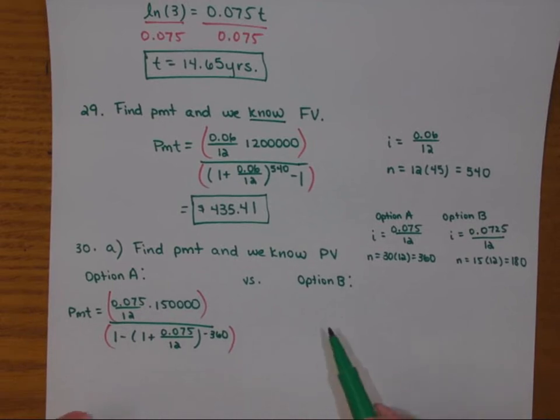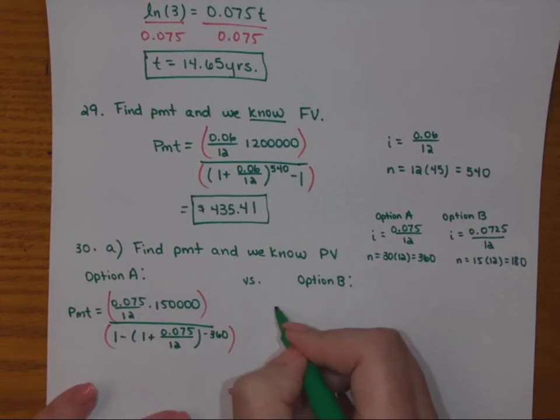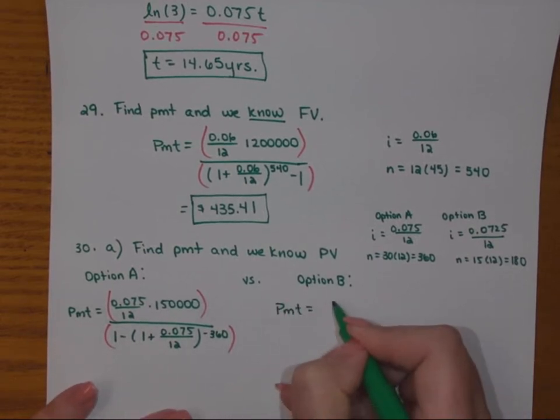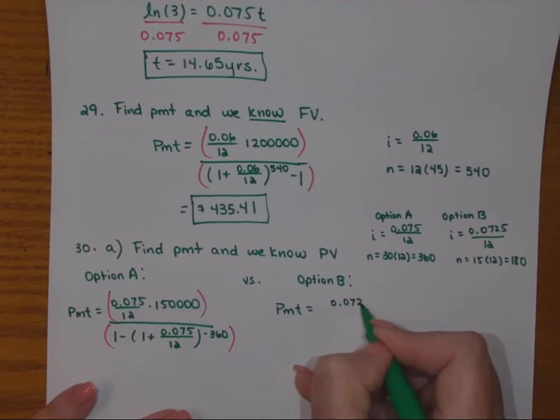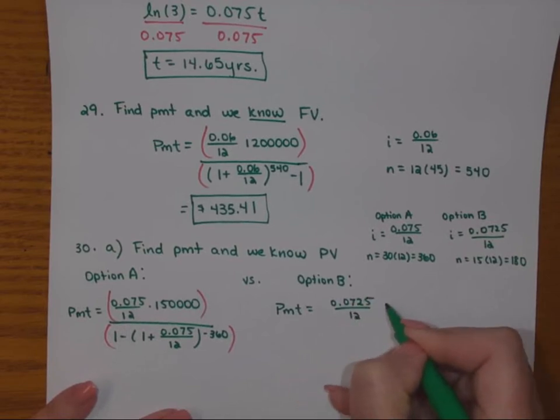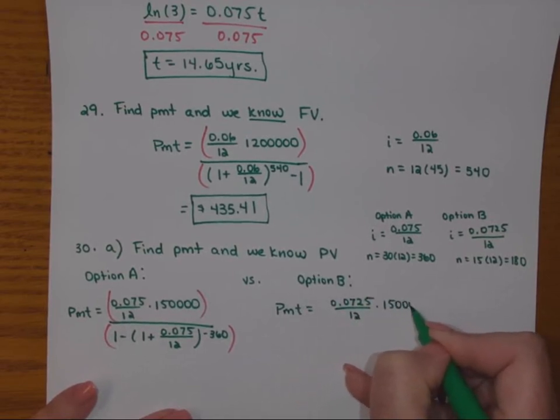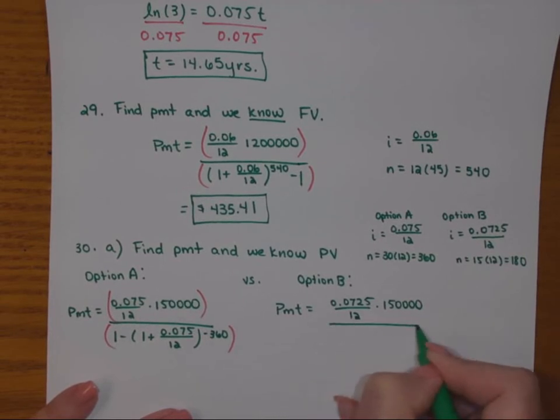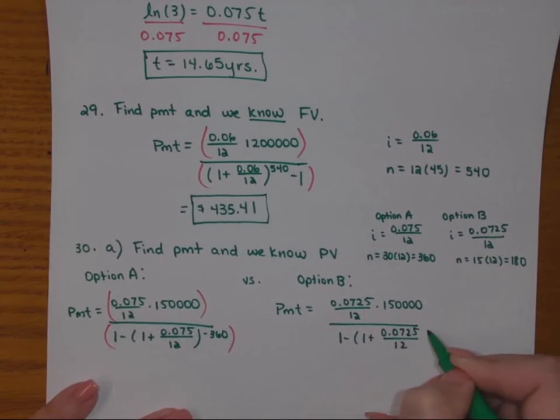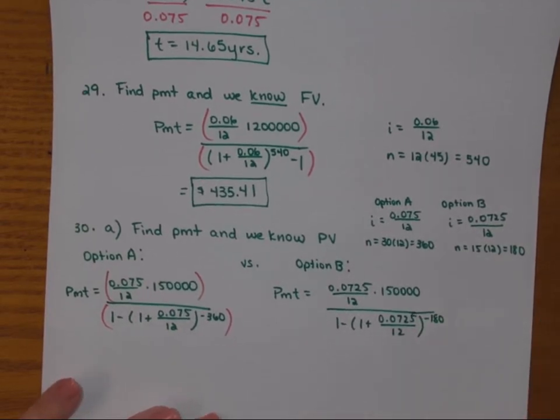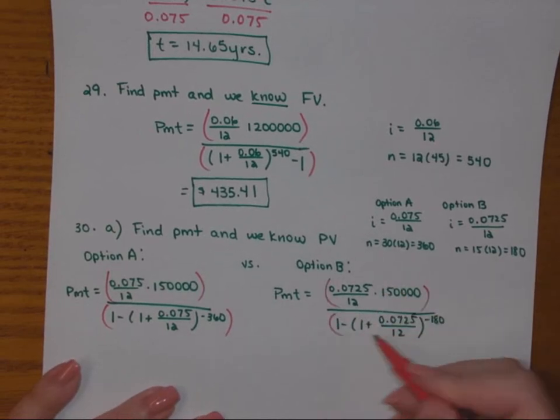Okay, so I'll tell you the answer that I get for that one, but let's set up the other one. Notice it's going to be the same format, but we have to change the interest rate. And we also have to change the number of payments. So make sure you're careful and make the appropriate changes, right? This should be to the negative 180th power. But again, we would simplify here.